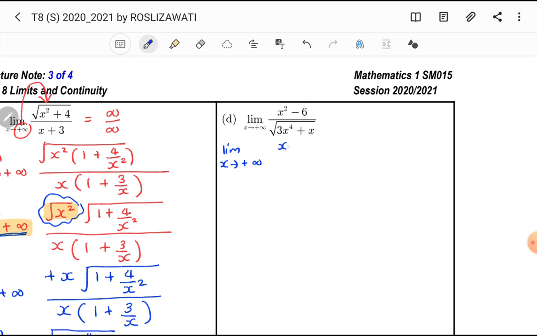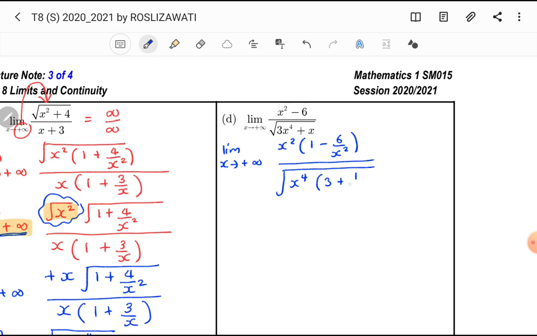And the highest degree for numerator is x squared. So kita keluarkan x squared, 1 minus 6 over x squared. Divide by, okay, we write square root. Apa yang highest degree dia for this case? x power of 4.